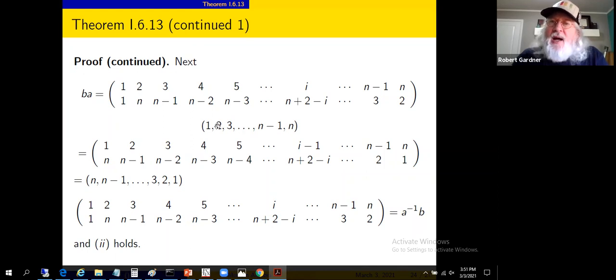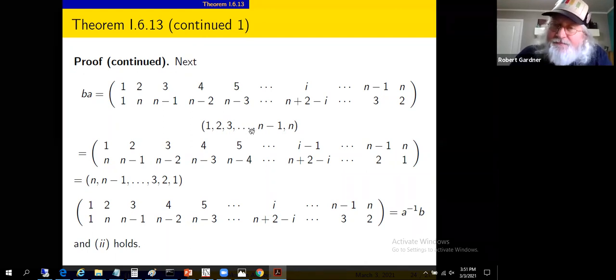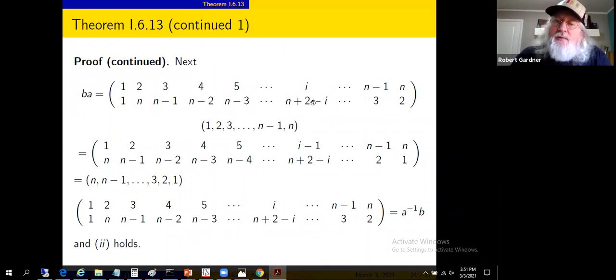Let's look at where I-1 is mapped. We'll read this times this, so this cycle we deal with first. I-1 in this is mapped to I itself. Then go to the other permutation, and that takes I to symbol n plus 2 minus I. So we started with I-1, we went through I to n plus 2 minus I. So in the product, I-1 is mapped to n plus 2 minus I.